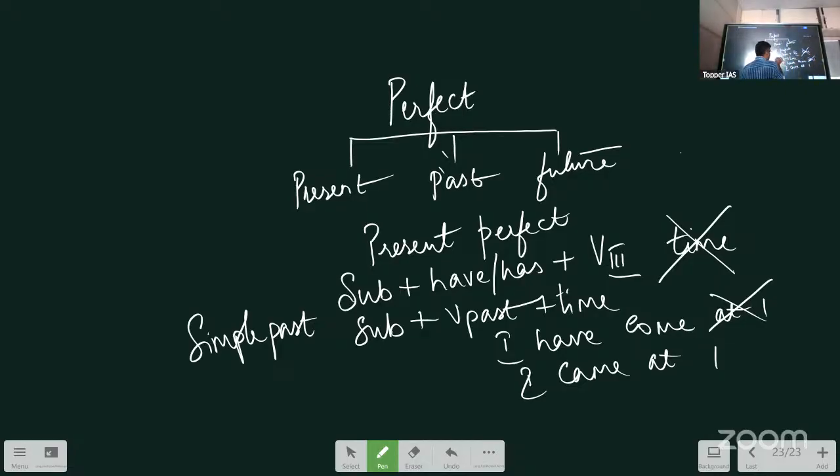How do I know it is present perfect? It should have, has, followed by verb, third form. Clear? So when do I use it? Whenever I want to mention the time, I should use simple past. When I want to say I have done, ನಾನು ಮಾಡಿದ್ದೀನಿ ಅಂದಾಗ, no need of time. ನಾನು ಮಾಡ್ದೆ ಅಂದಾಗ time.